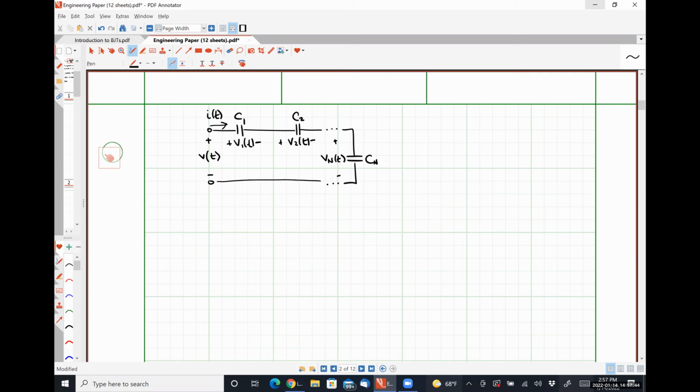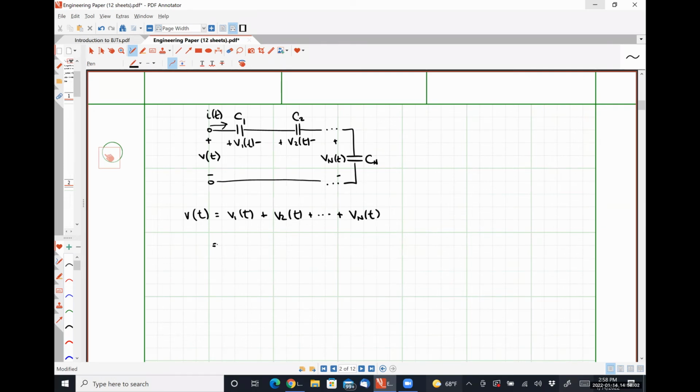If we apply Kirchhoff's voltage law, we see that V of t is just V1 plus V2 all the way out to Vn.